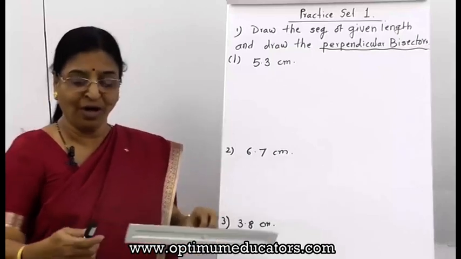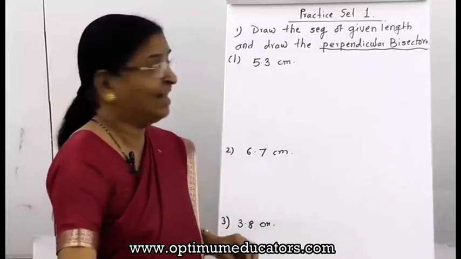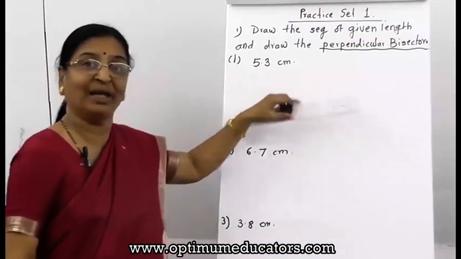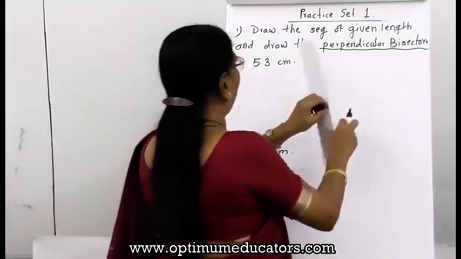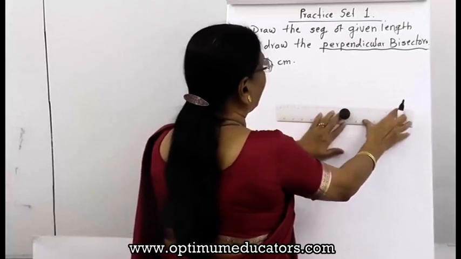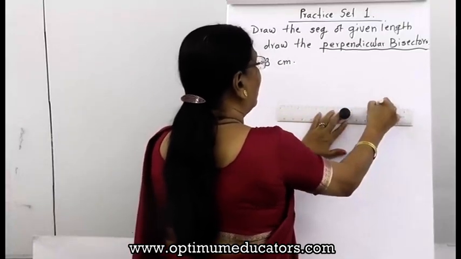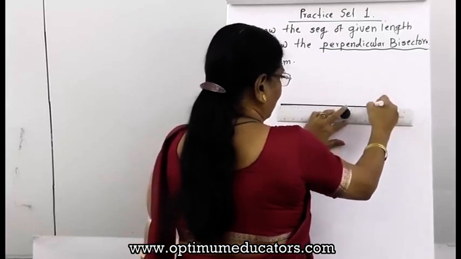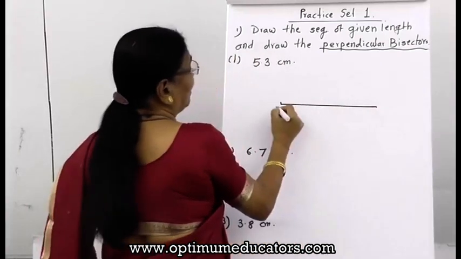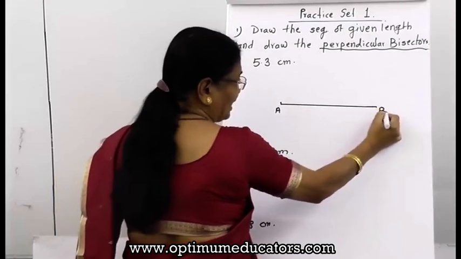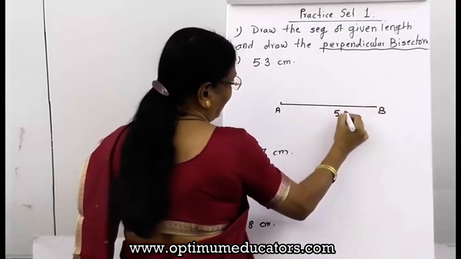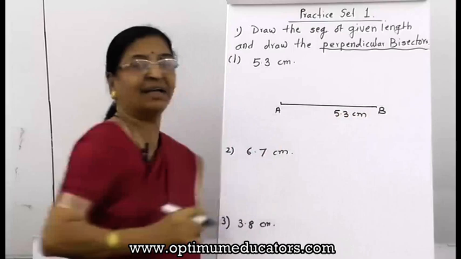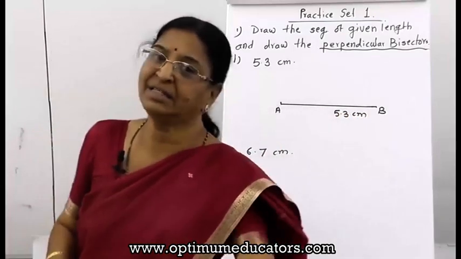What you want to do is first take the scale, then draw the segment of the given length. So it is 5.3, and I can mark it as 5.3, and then I can draw one segment here. Okay, then you can label also 5.3 centimeter as the given or required segment.